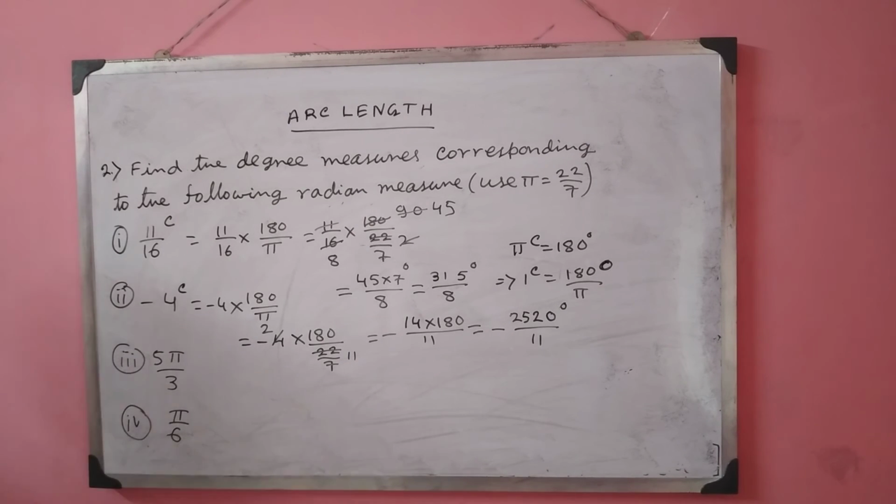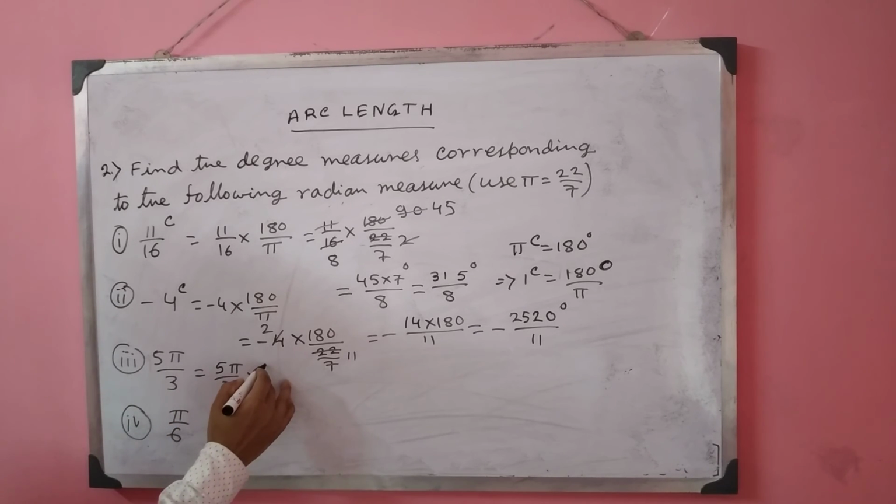Next one, 5 pi by 3 equals 5 pi by 3 into 180 by pi.